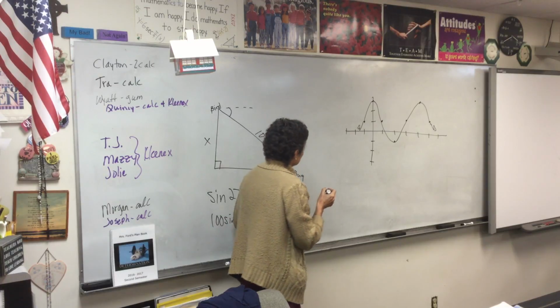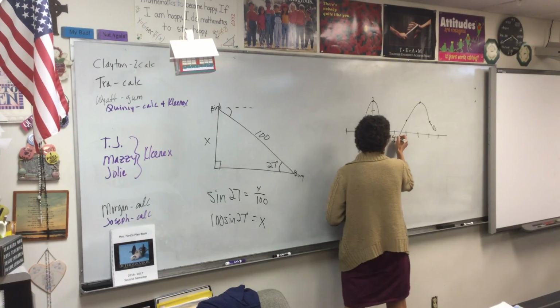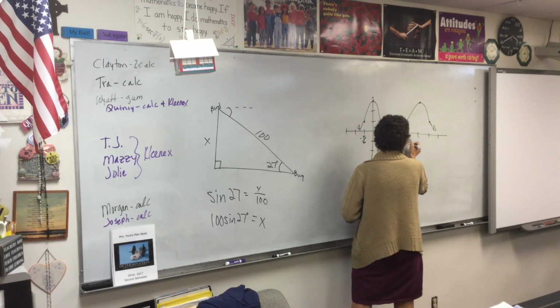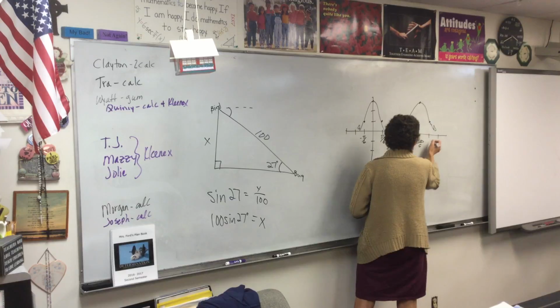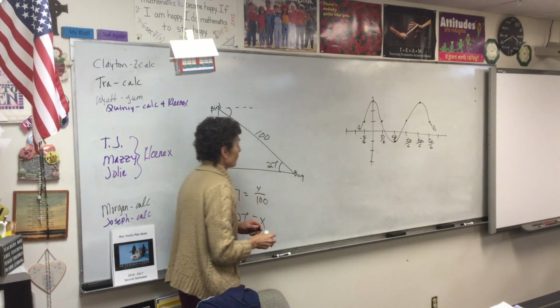Look at that. Put some labels on here. Let's make this negative pi over 6. Okay, so this is not on a sheet. I'm just making this one up right now.